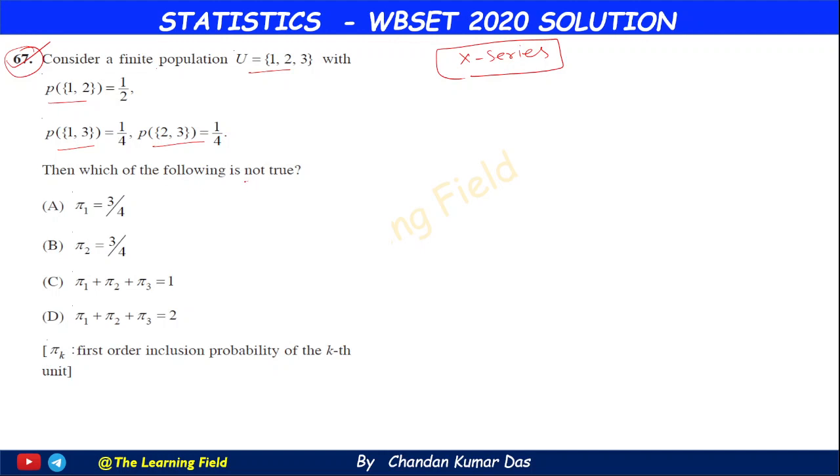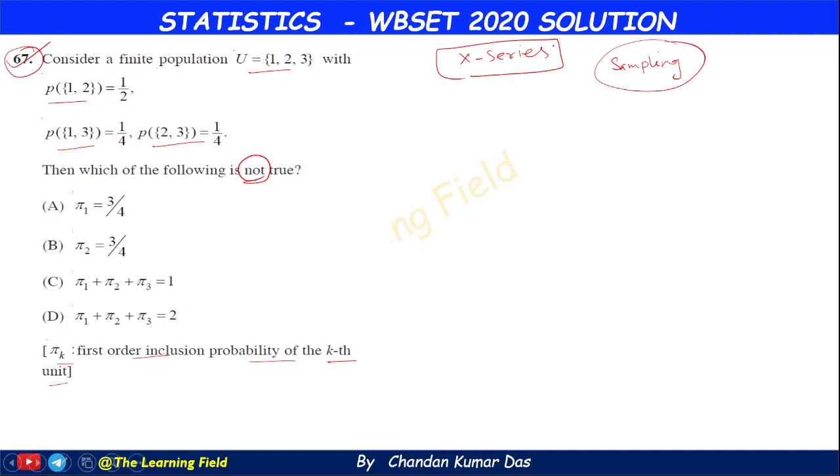Then which of the following options is not true? The four options include the number pi, where pi k is the first order inclusion probability of the kth unit. This question is from the chapter sampling.